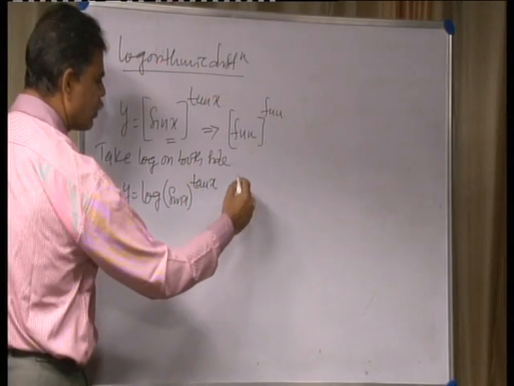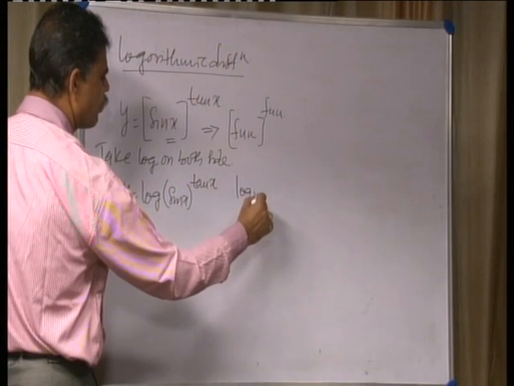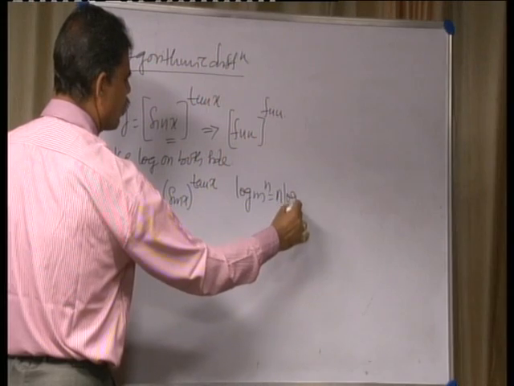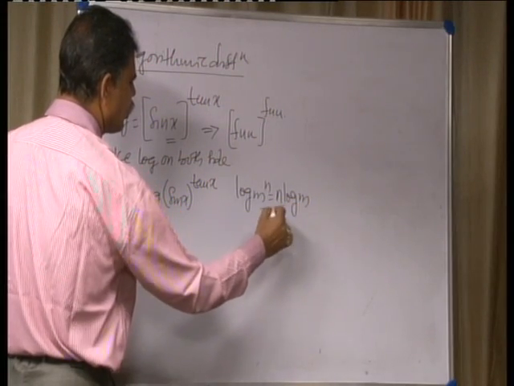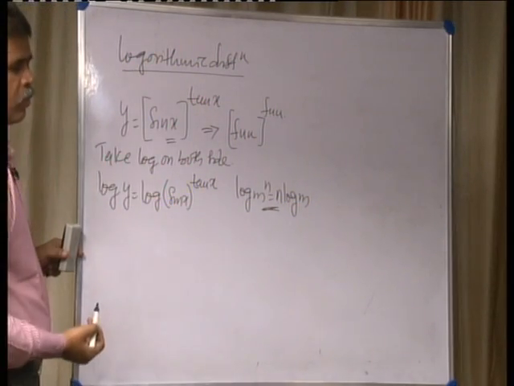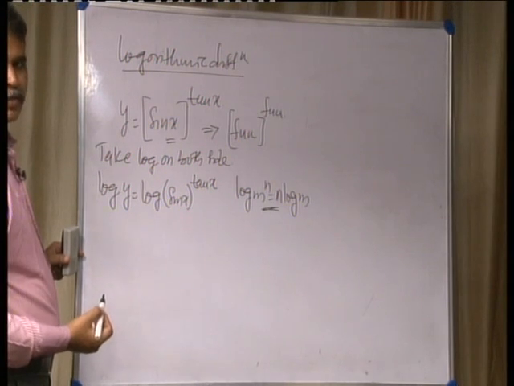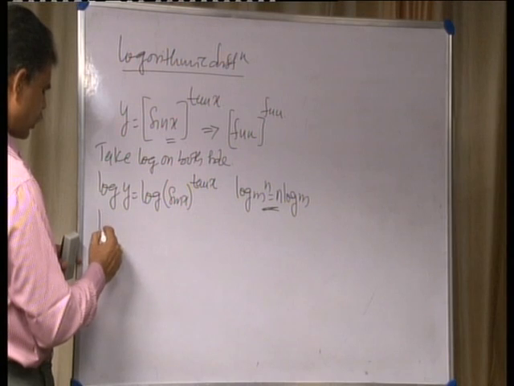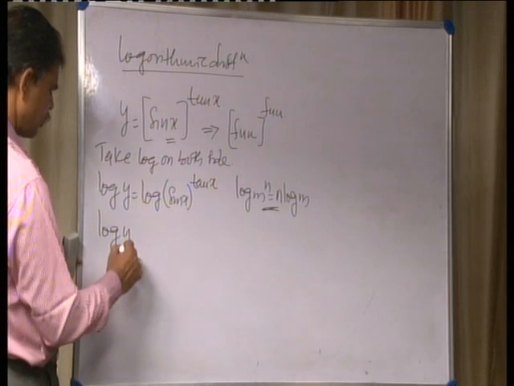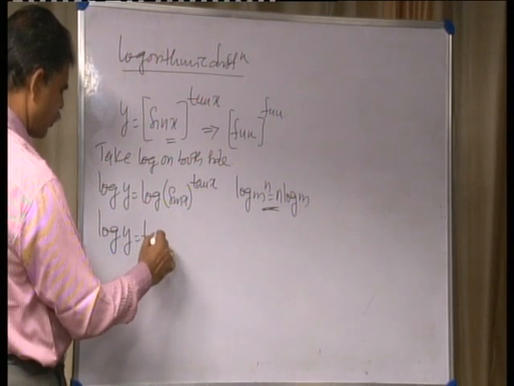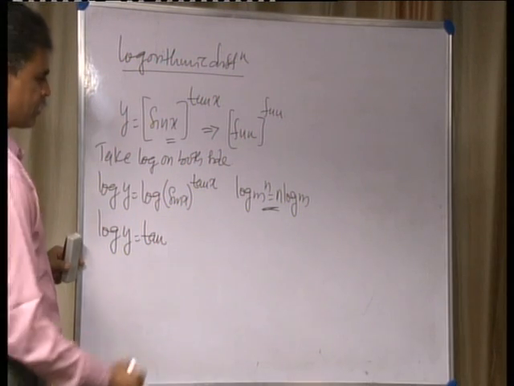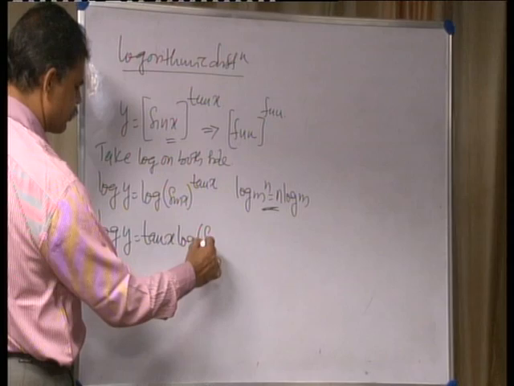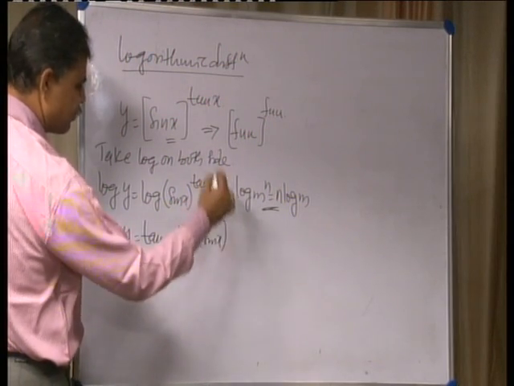As we know that log m power n is equal to n into log m, is it right? According to laws of logarithms, log of m power n is always equal to n into log m. According to that, it will become log y is equal to the power, the index tan x, into log of sin x.